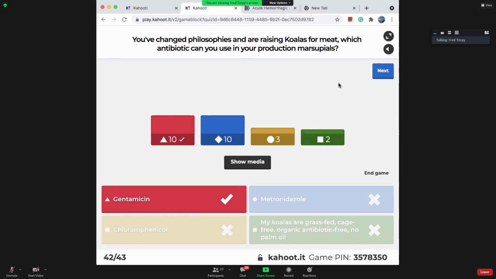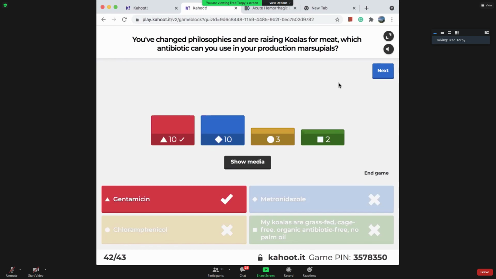Does anybody remember what the deal with enrofloxacin is? In production? Like immunosuppressive for chloramphenicol? Yeah, so that's part of the reason why chloramphenicol is not allowed to be used at all.